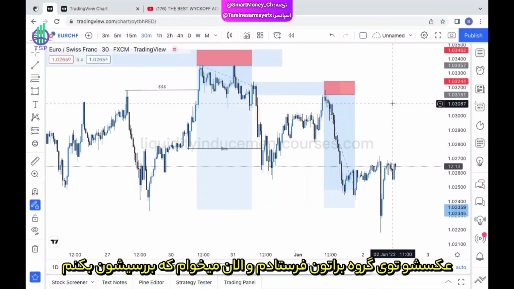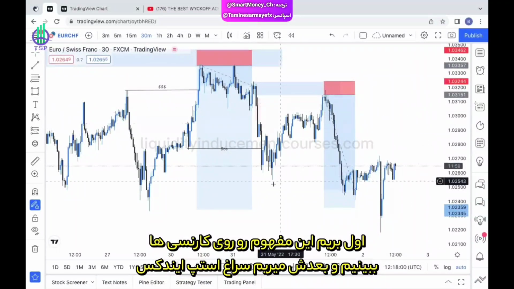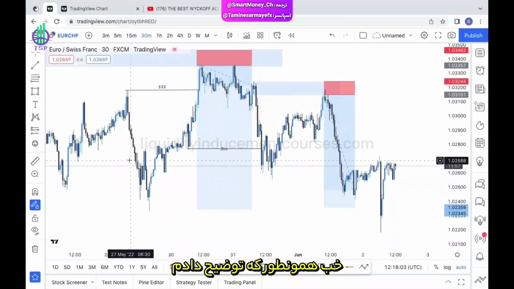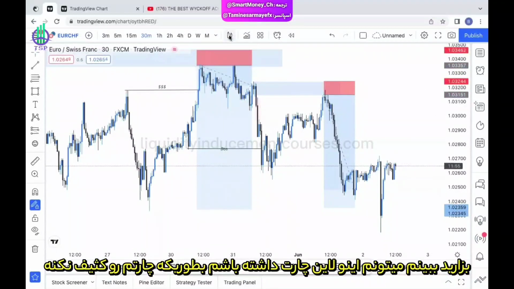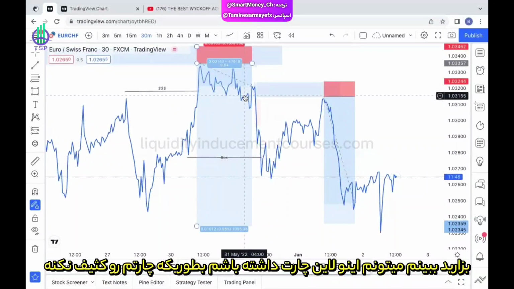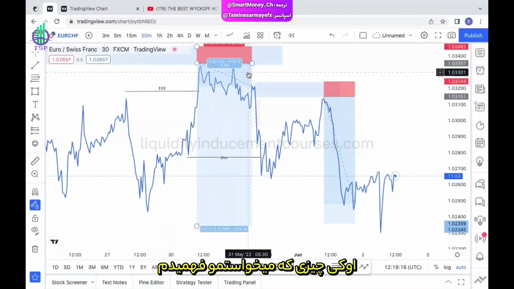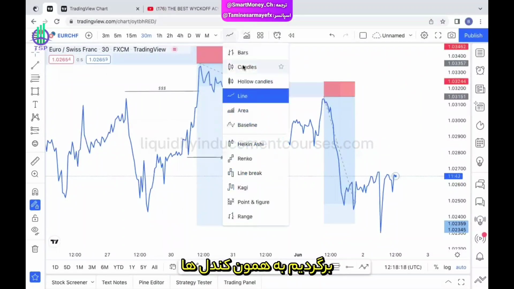I remember I had sent you Step Index in the group, and I'll try to break them down using this here for a currency perspective, and then using what I have on Step Index for a synthetic index perspective. Let me see if I can have this in line charts and it won't mess up my stuff. I have to come back to candles.